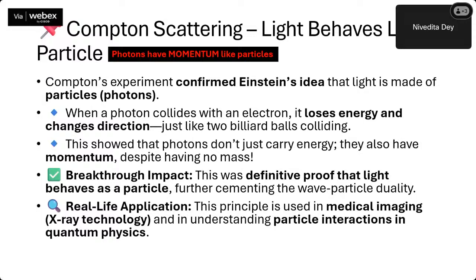It comes from Einstein's idea that light is made up of particles, photons. When one photon collides with an electron, it loses energy and changes its direction, just like two billiard balls collide, or any two objects that collide with each other. And this showed that photons don't just carry energy, they also have momentum despite having no mass. Okay.